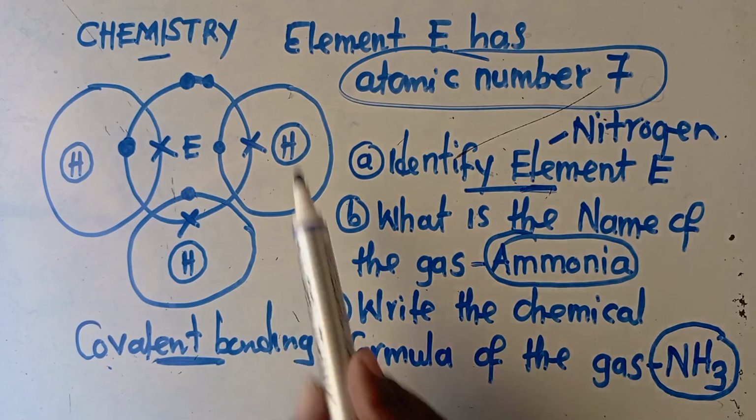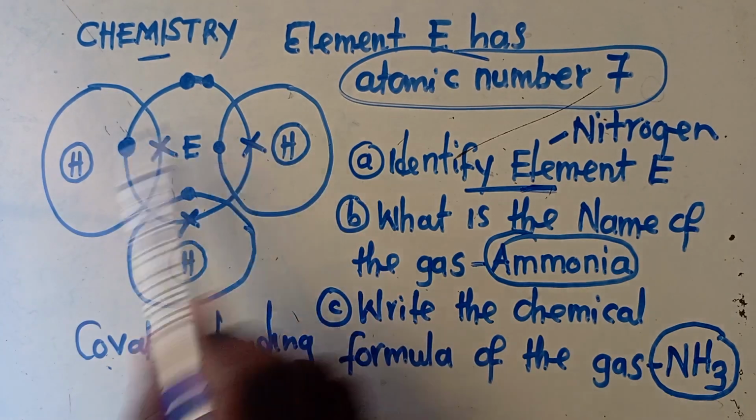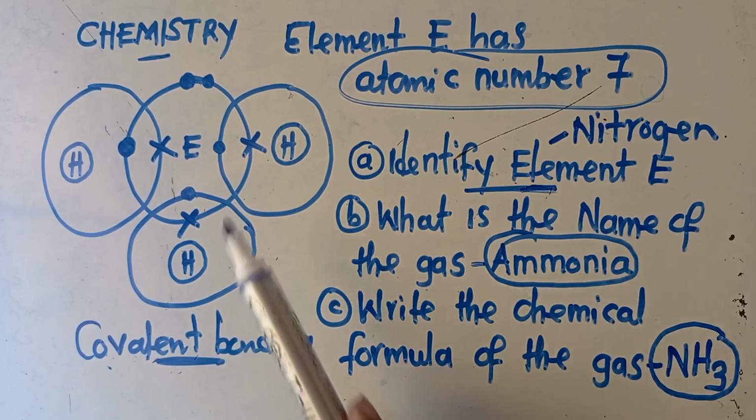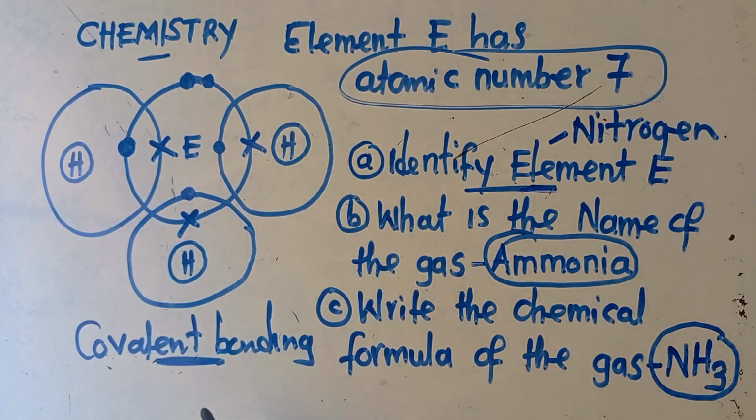So in this gas, we know and understand that this is covalent bonding. Why? Because covalent bonding is a type of bonding that only exists between non-metals. Any bonding that exists between non-metals, we call covalent bonding. We also have ionic bonding, but in this particular lesson I'm not teaching about that.